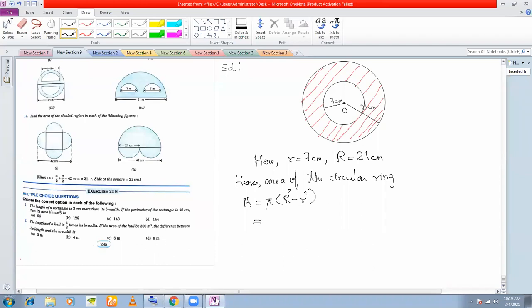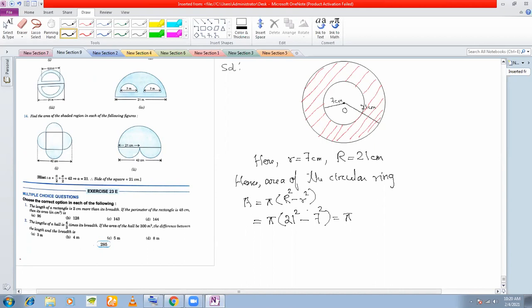So you don't put the value of pi right now. You write pi as it is, and you simply put the values of the two radii: capital R is 21, small r is 7. You can find out 21 square and write 7 square as 49, and subtract.